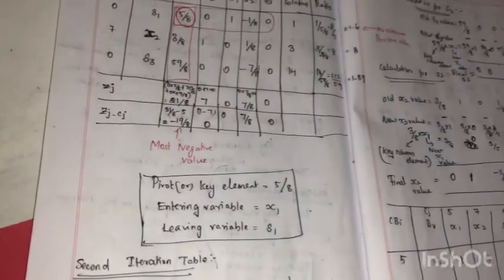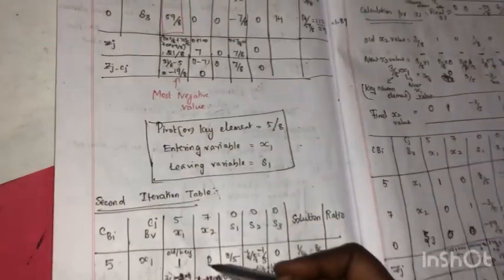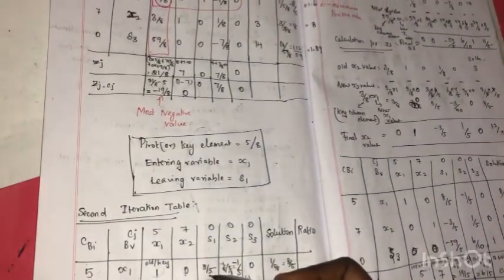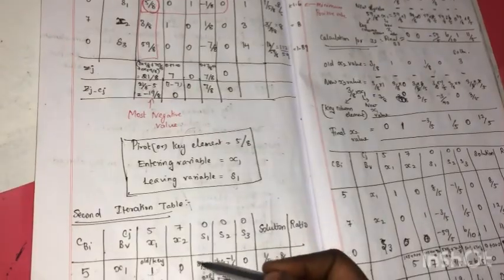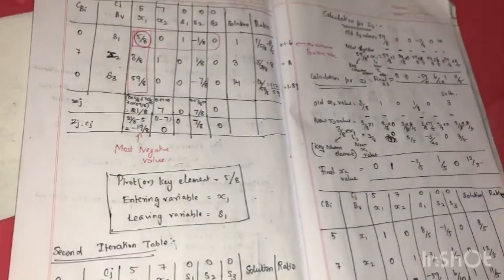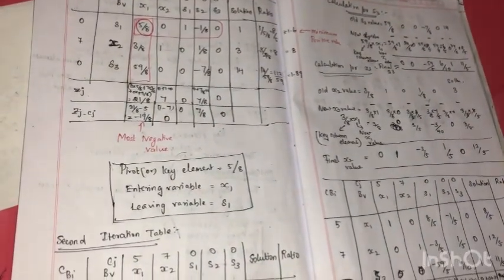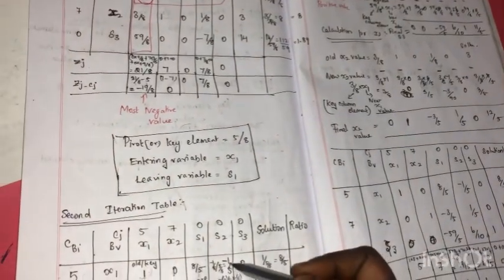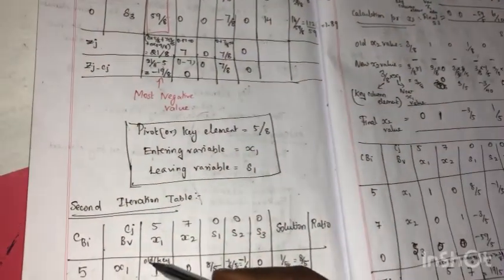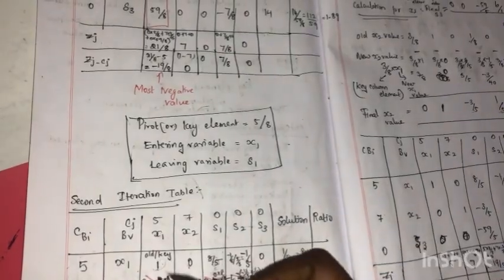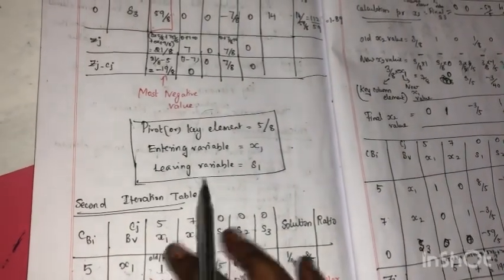Likewise 0 by 5 by 8 is 0. For this, 1 by 5 by 8 means 8 by 5. Here minus 1 by 8 divided by 5 by 8 is minus 1 by 5. So the old element divided by the key element will be our new x1 value.